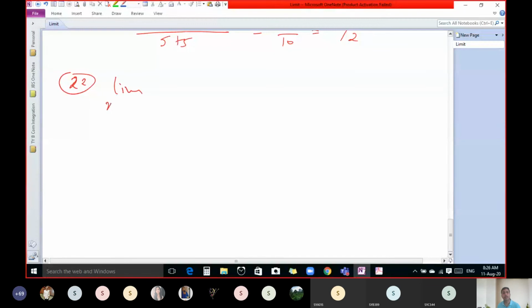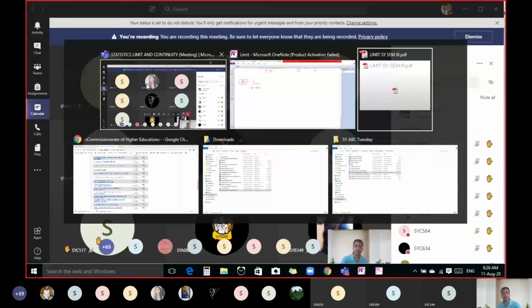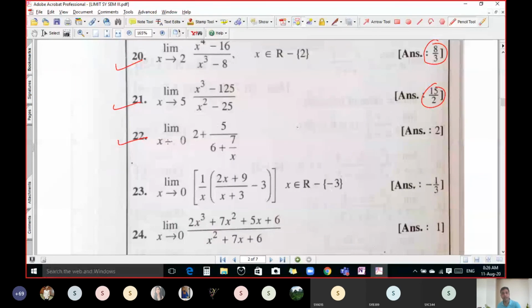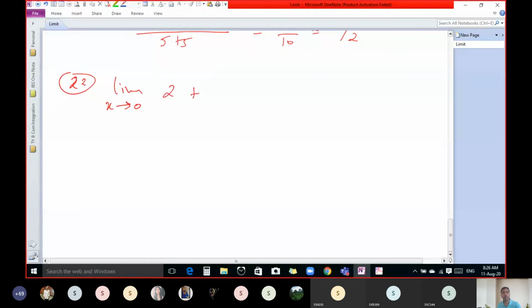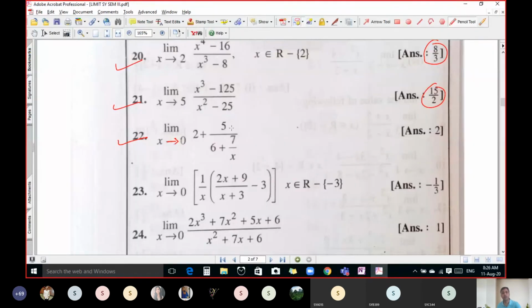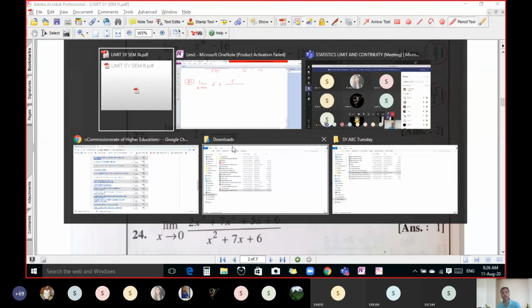Limit x tends to 0, 2 plus 5 upon 6 plus 7 by x.